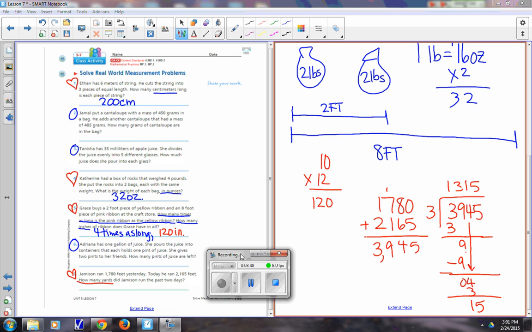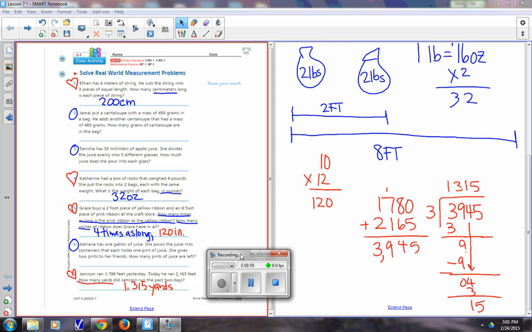So Jameson went 1,315 yards over the past 2 days. Hopefully you understand that I had to take the big group of feet and break it into the smaller pieces, which are the yards. 3 feet for every yard that you do.